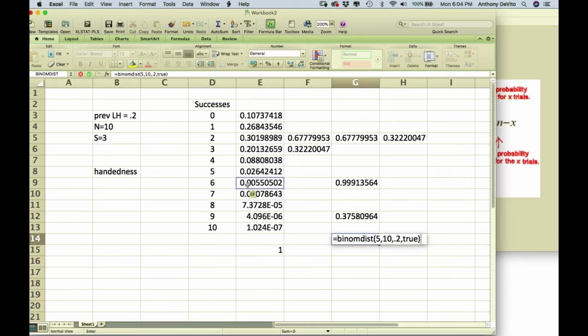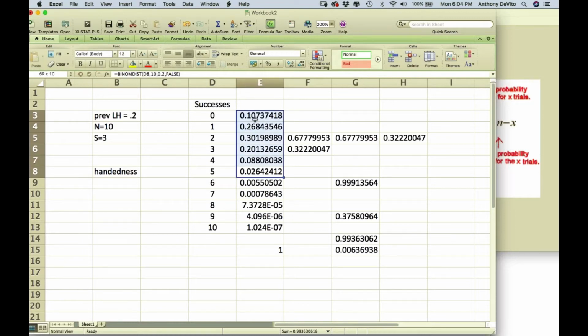So the probability of more than 5 would be 1 minus that, because that's what would be left. If I subtract it from 1, it would be 6 or more, or more than 5.